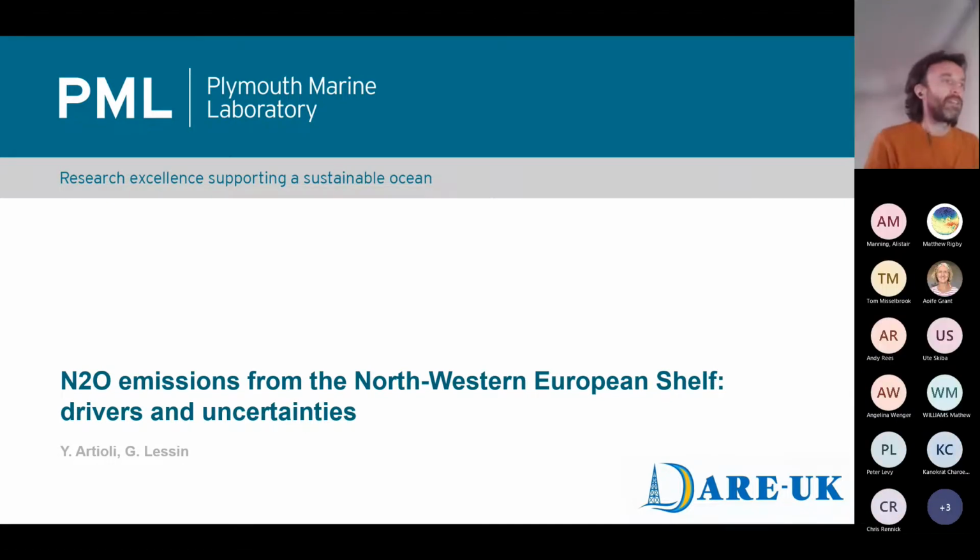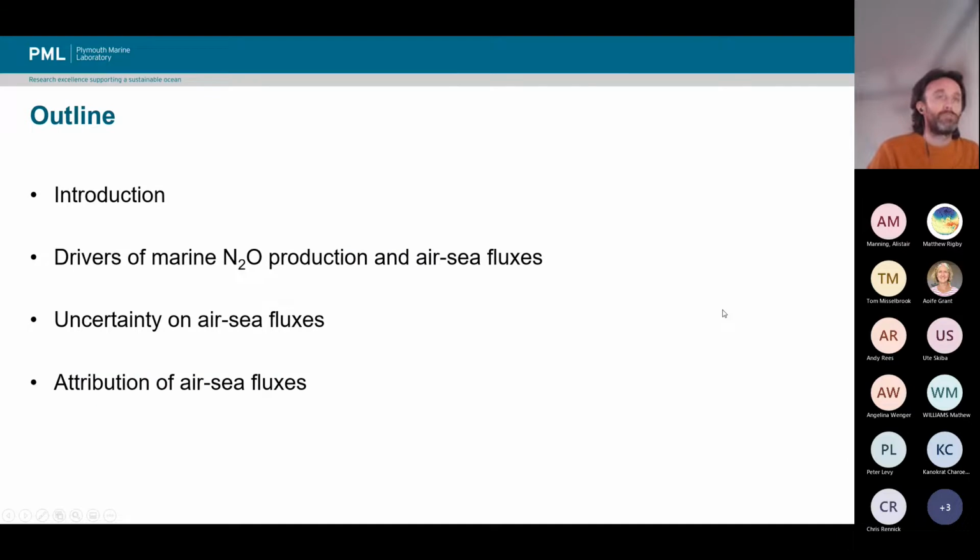Hi, everybody. So that's work that me and Gennady have been doing in the UK project, building on work that we have done during the shelf-sea biogeochemistry program. I'm going to do a brief introduction about the marine side of the nitrogen cycle, and then show what are the drivers of marine N2O production, as well as the air-sea fluxes.